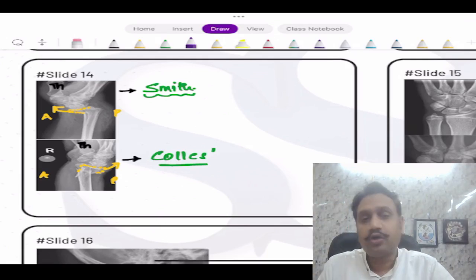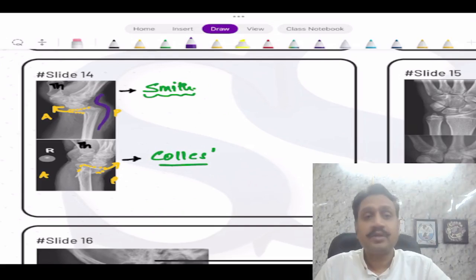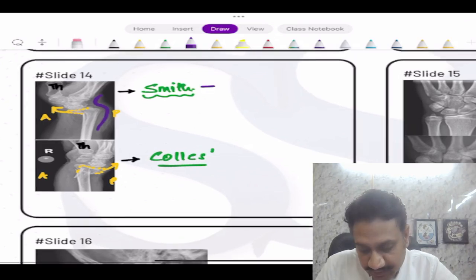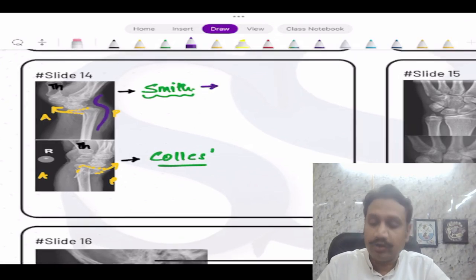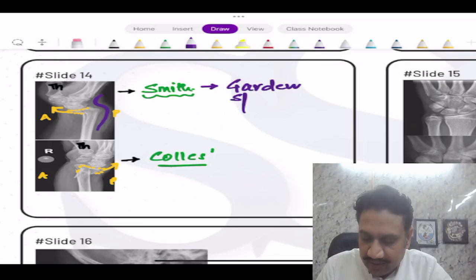Now, when you talk about the deformities, in the Smith, you can see that the fragment has suddenly gone anterior like this. So in the Smith, what is the deformity called? This deformity in the Smith is called the garden spade deformity.